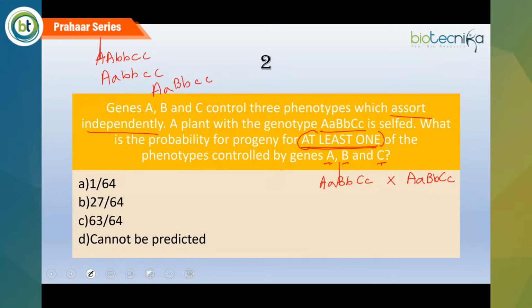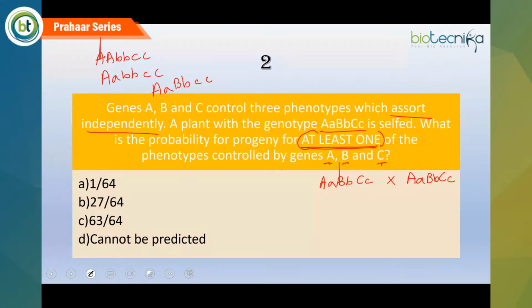Are you getting it? What is asked in the question? If we have to find the probability of all the progenies with one or more dominant characters present, we have to look at all the different possible combinations and then find their individual probability. That will be a long task, and you definitely don't have that much time in the CSIR exam to do it. So we can do a shortcut.